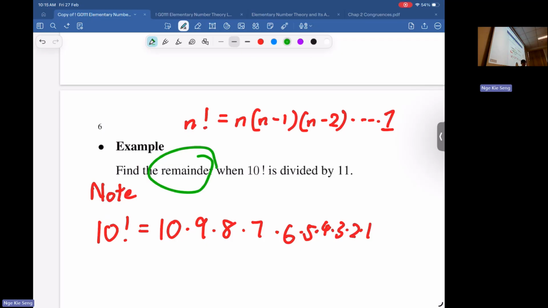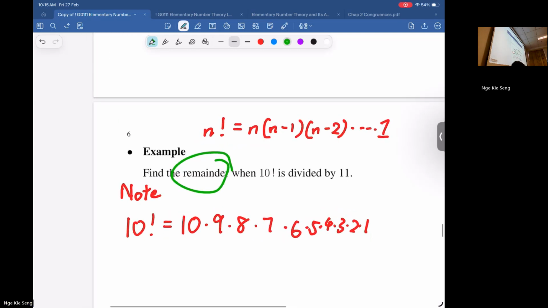So what do we do? We know that these 10, 9, 8, 7 are congruent to some other numbers in the world of mod 11.